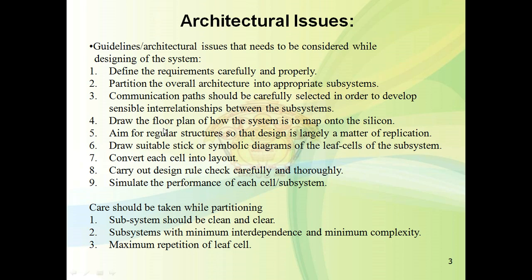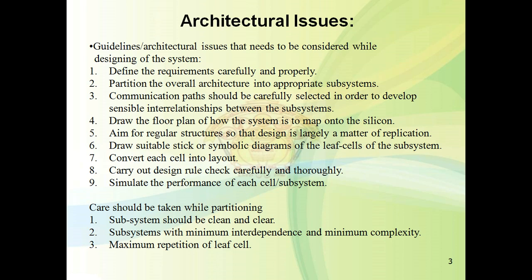Next, draw the floor plan of how the system is mapped on the silicon. We have to draw the floor plan of all the subsystems on the silicon chip, how they are going to be manufactured. Aim for regular structures so that the design is largely a matter of repetition.